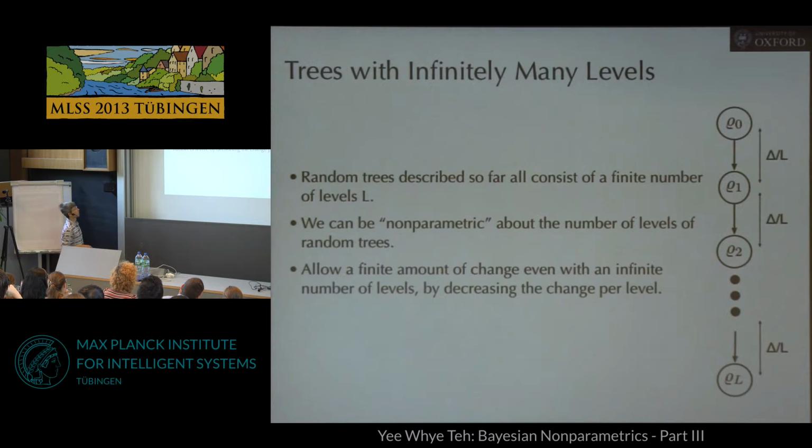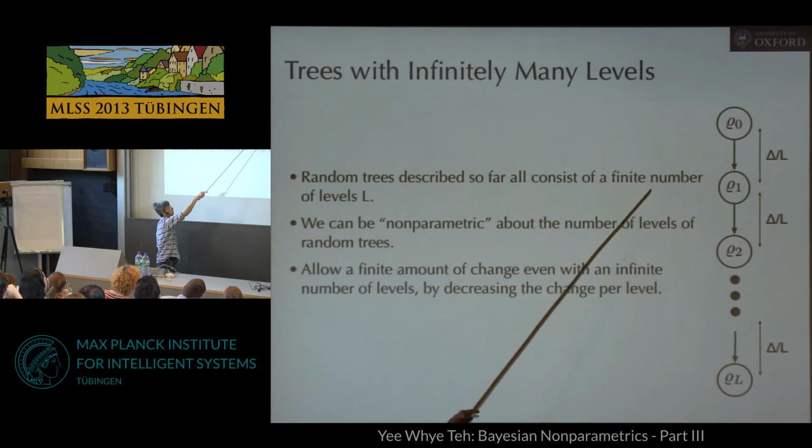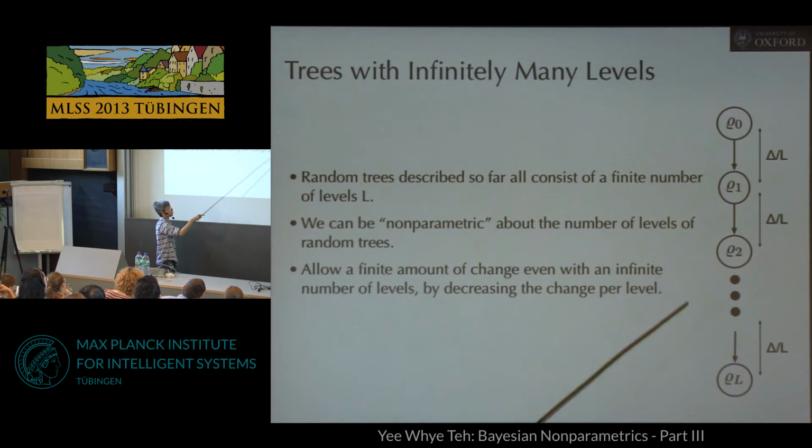We can do that by scaling the steps so that they are very small, so that over a very large number of steps, going from the top to the bottom, there's still going to be a finite amount of change. Okay, and you can take both the fragmentation and the coagulation processes that I've described and take a continuum limit in some sense.